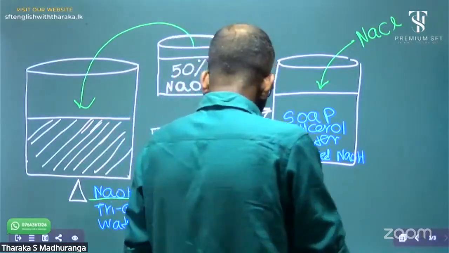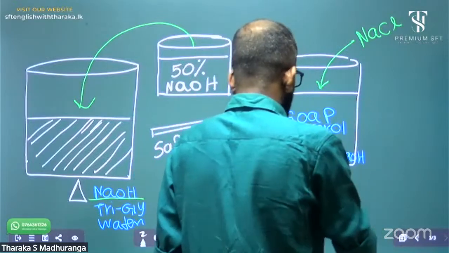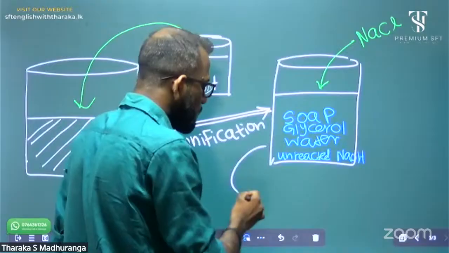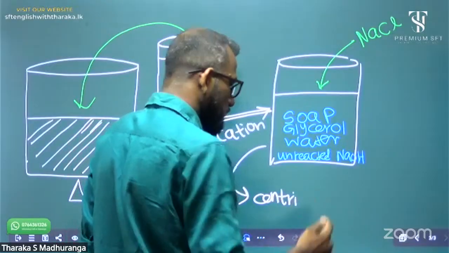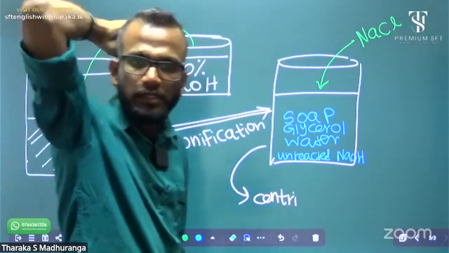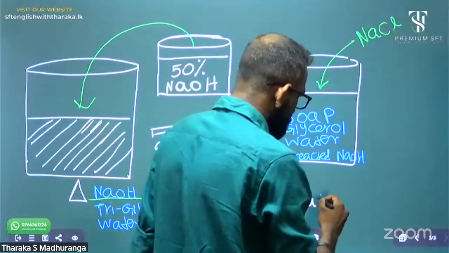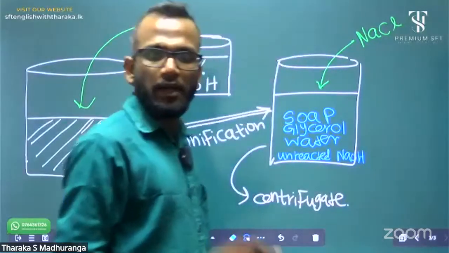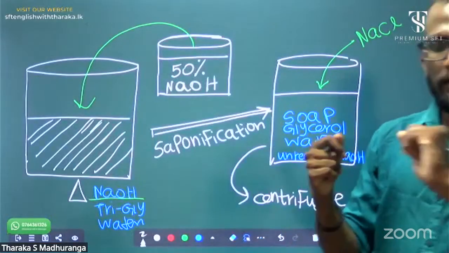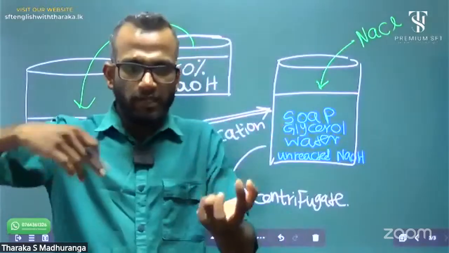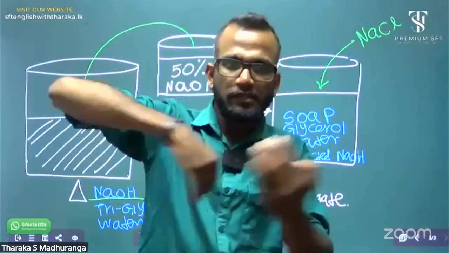Okay, the next step is centrifugation. After adding sodium chloride, we can centrifuge. Very important. What's the meaning of centrifugation? It means using a container rotating like this.